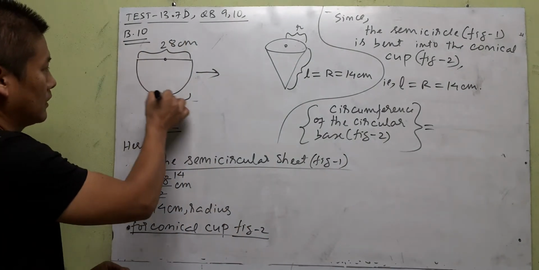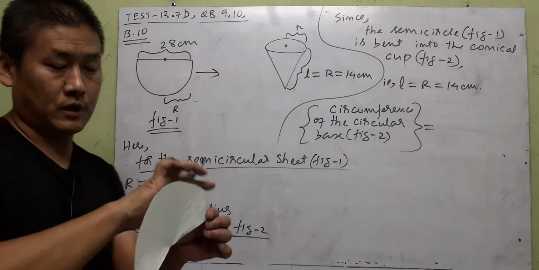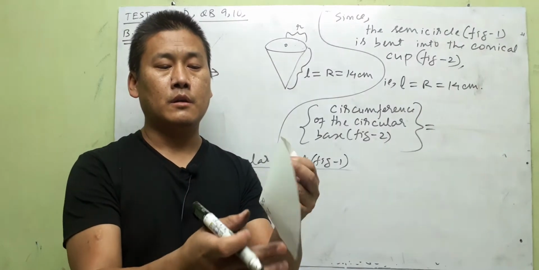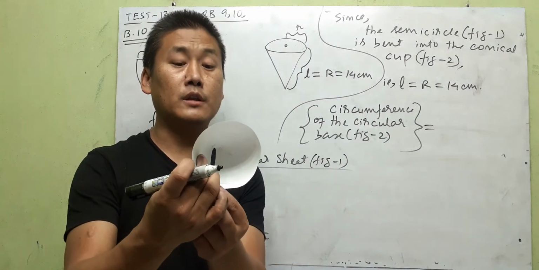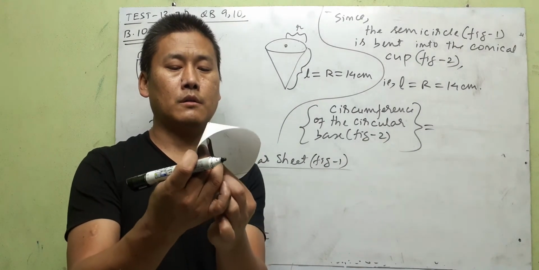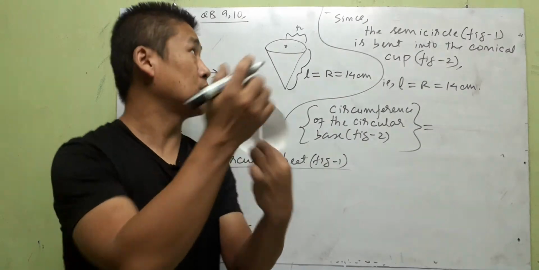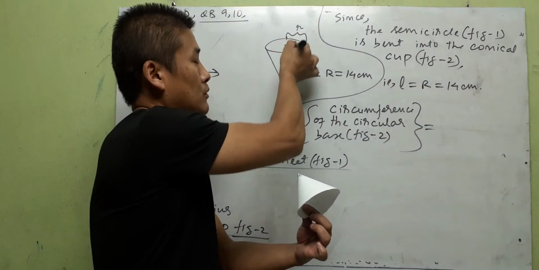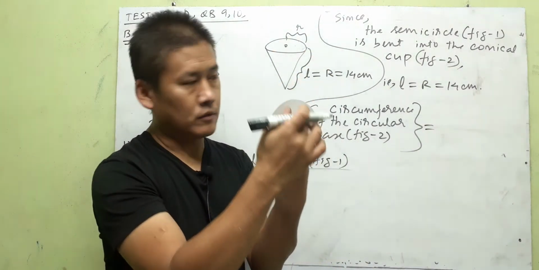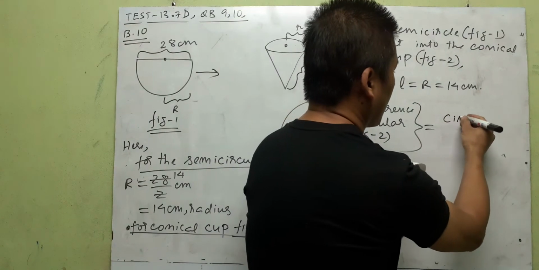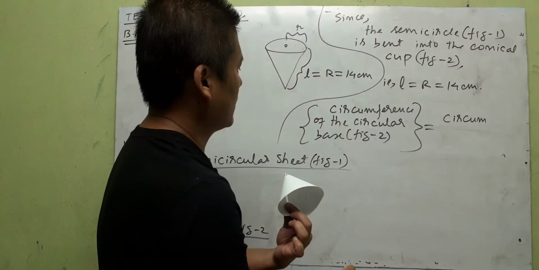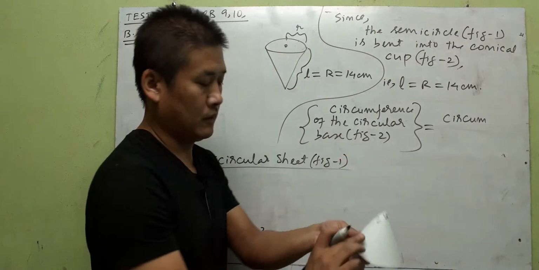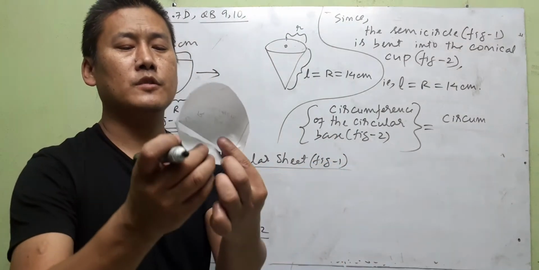This arc of the semicircle turns into the circumference of the circular base.